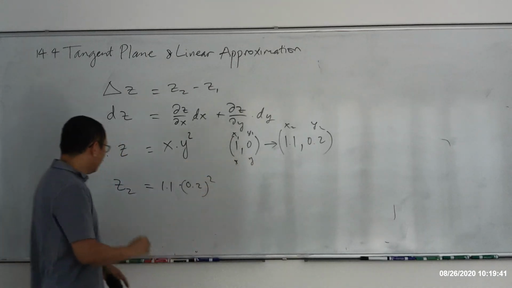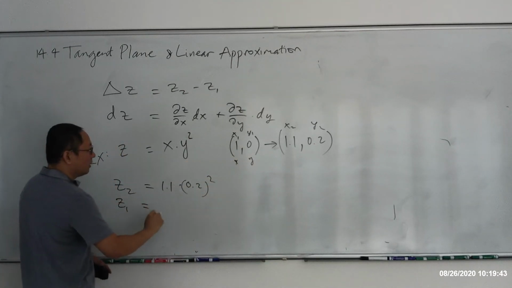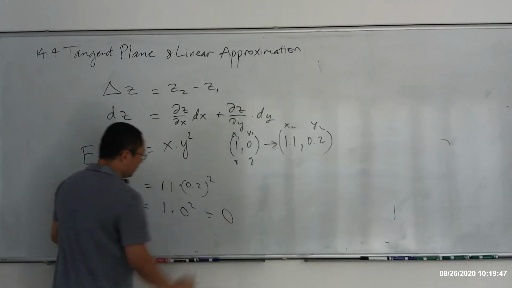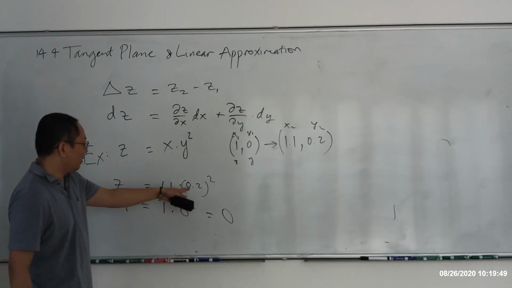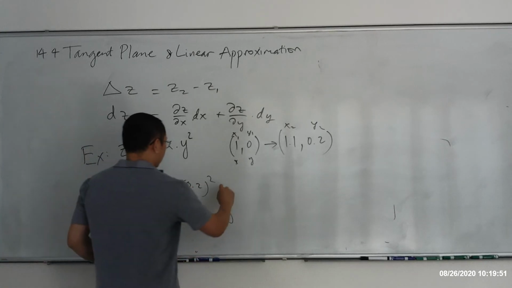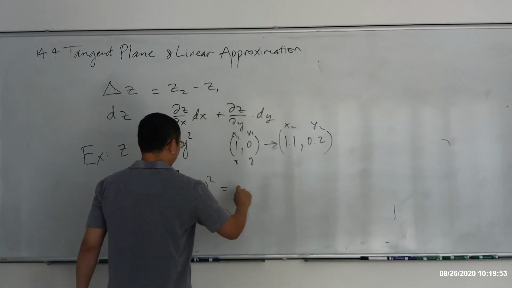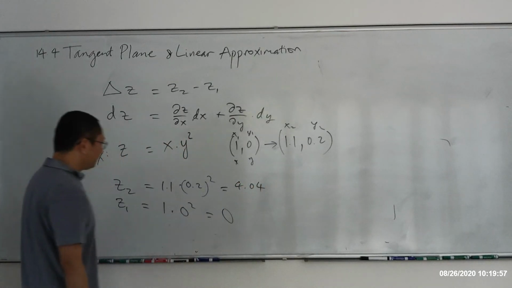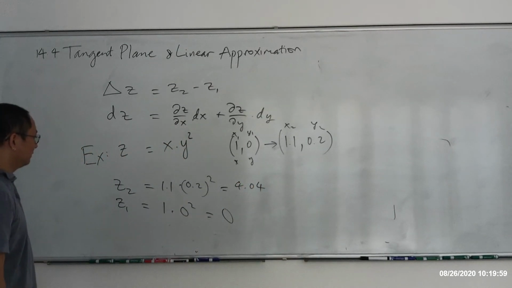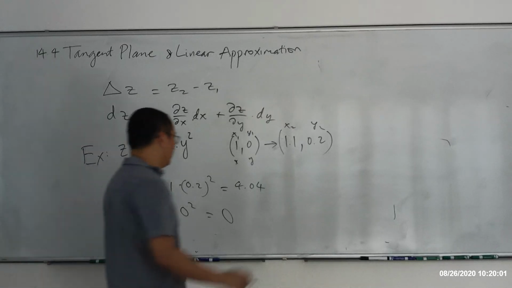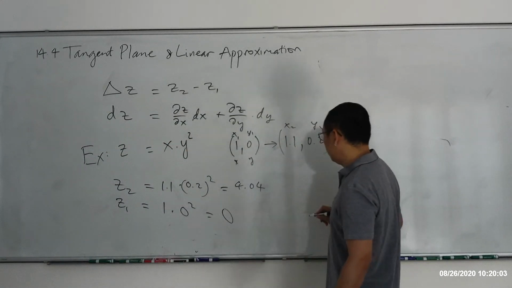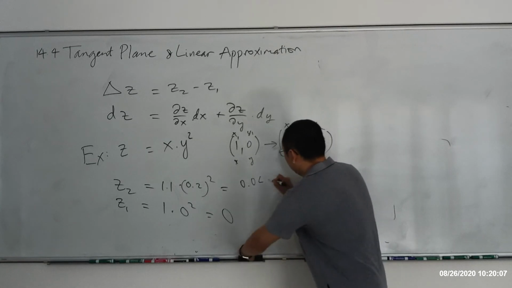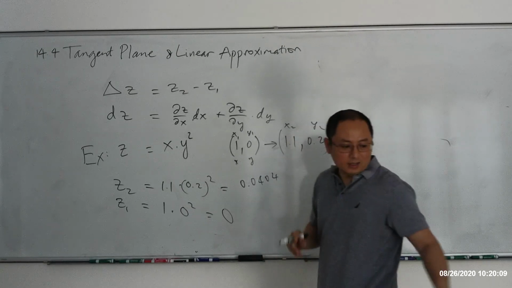Similarly, z1 is 1 times 0 squared. This is easy for me, this is equal to 0. And this is 0.04 times 1.1, going to be 0.404, I think. I'm bad at math.